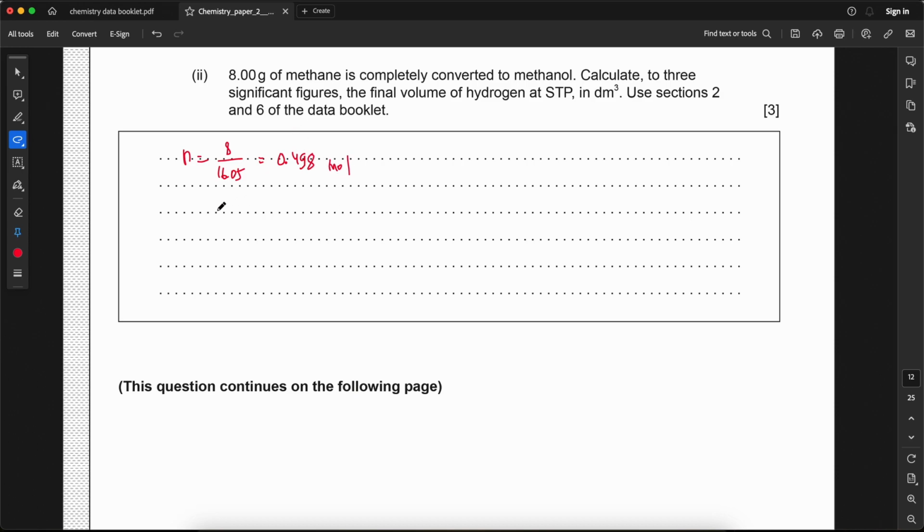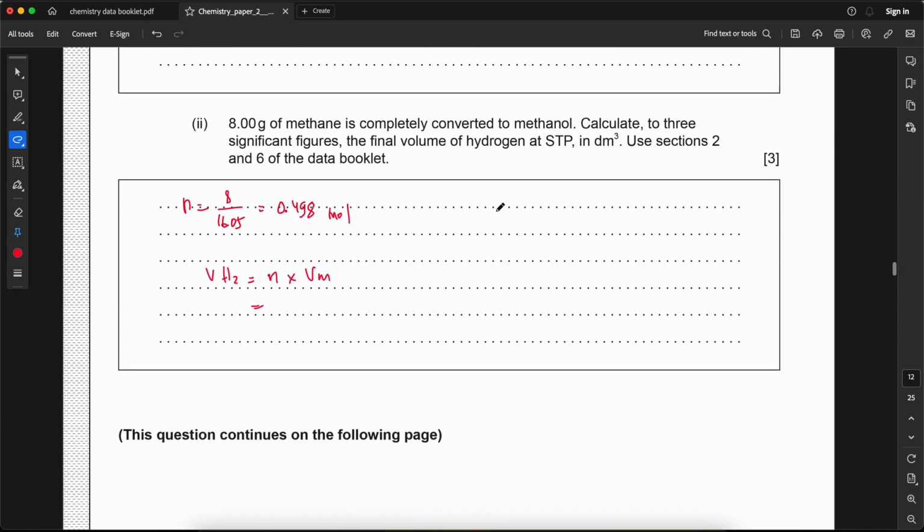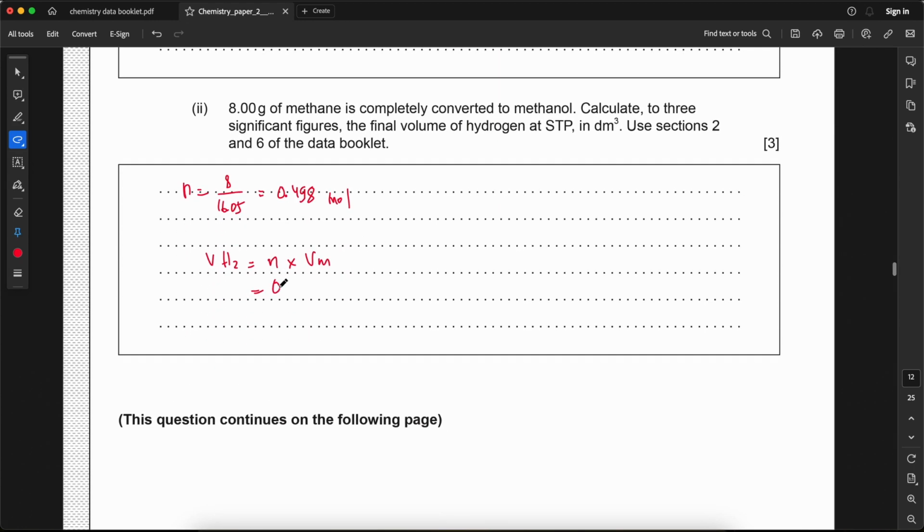So to calculate volume of hydrogen, n times Vm. As you can see, methane has the same coefficient as hydrogen. Therefore, it will have the same number of moles, which is 0.498 times 22.7 dm3 per mole. So you will get 11.3 dm3.